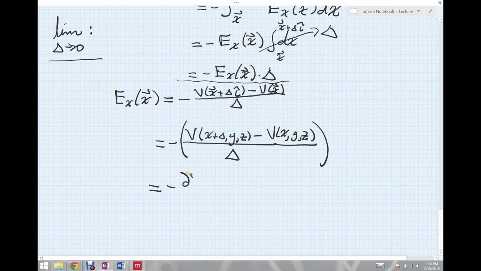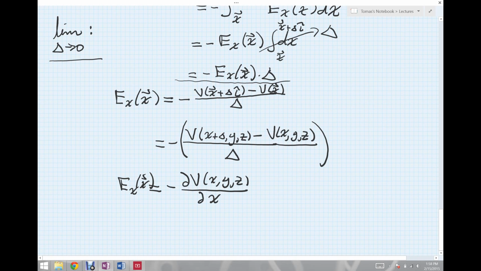So I would just take the partial derivative of the potential, in this case with respect to x, and that would give me the x component of the electric field at the corresponding point.